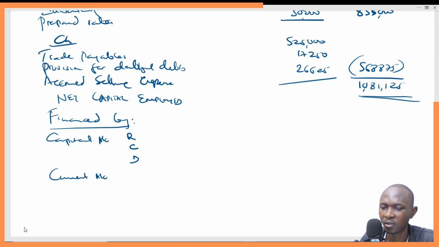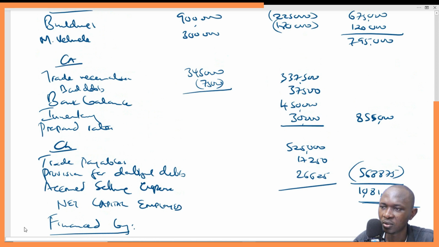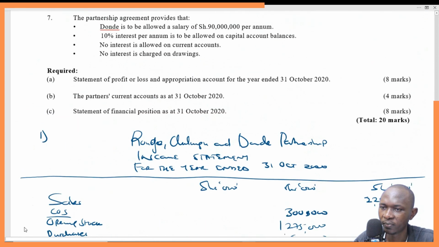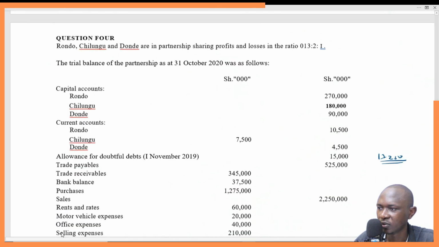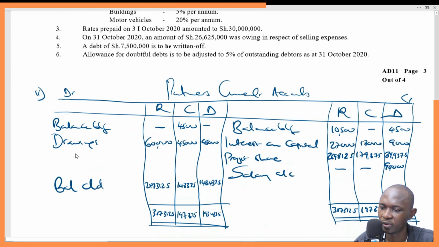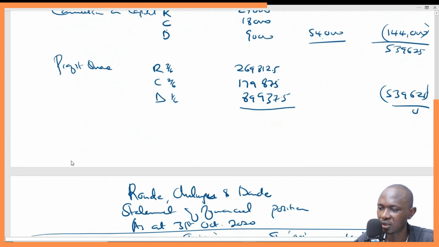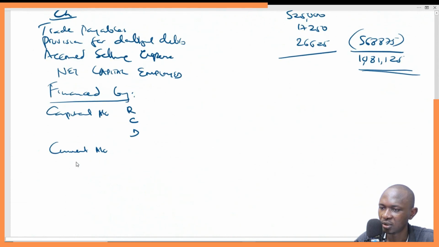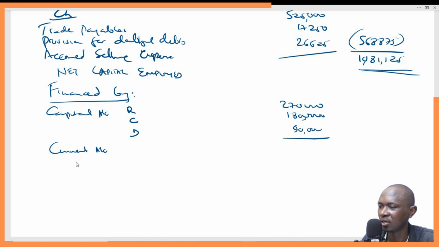So capital account, I think it was 270, 180, and 90. So 270,000, 180,000, and 90,000. If we add this, we are going to get 540,000.